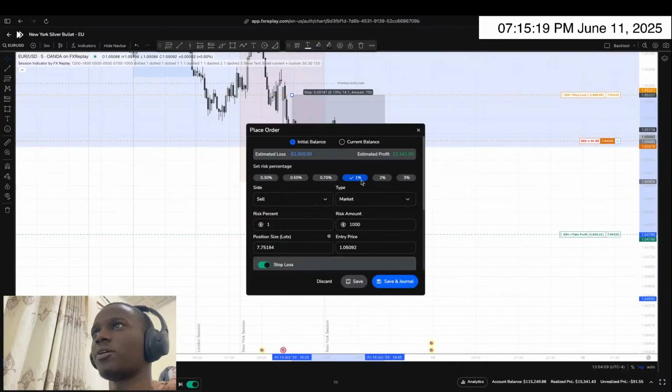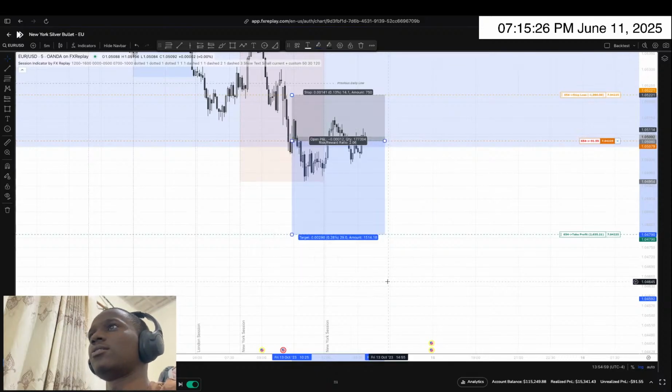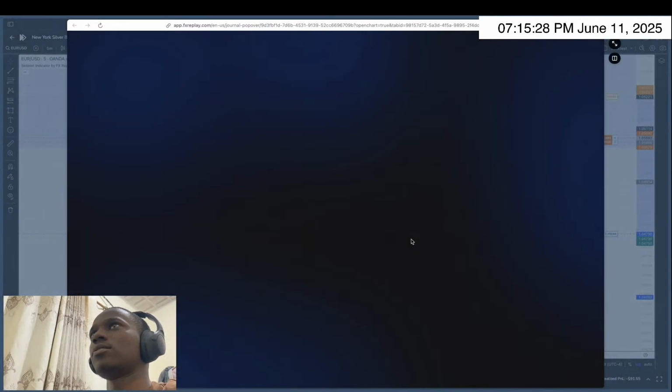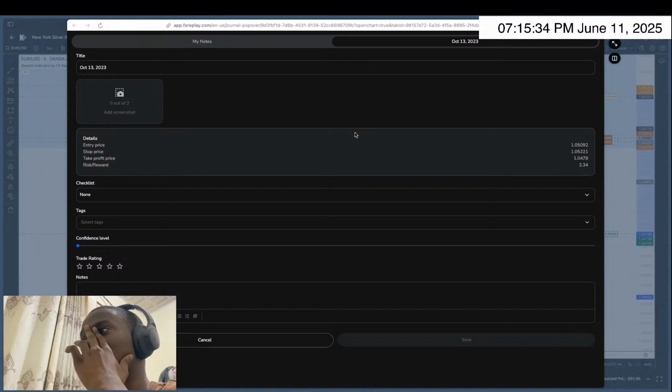Wait, when is auto break even? When we reach 1.5. Wait a minute. So I said two trades. Oh god, I thought I was editing.